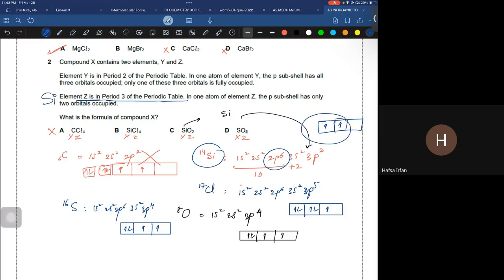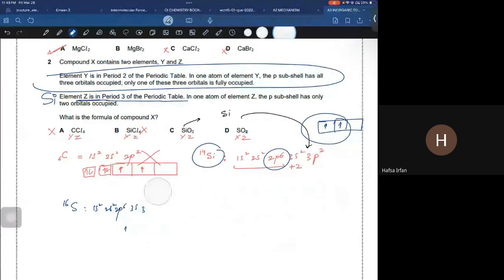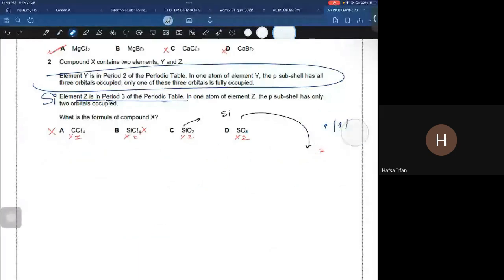Let's check what this matches with. Element Y is in period 2, so of course it shouldn't be chlorine. Chlorine is in period 3, so I'm cancelling some options to make it easier. So option B is completely incorrect.